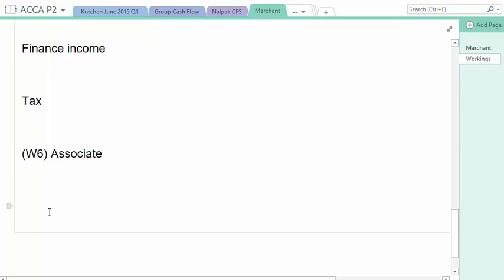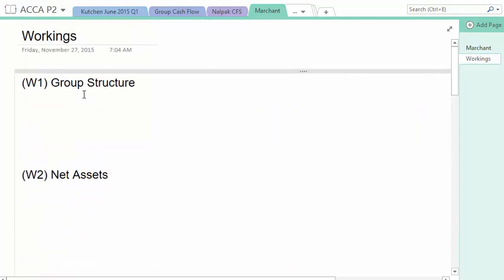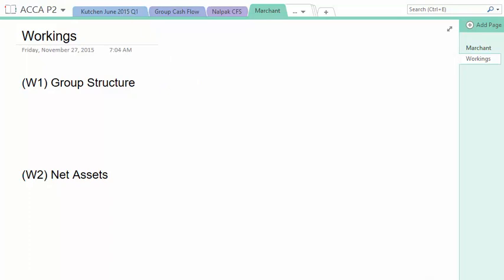So let's now start to work our way through the question in a bit more detail. And the first thing that we need to determine is the nature of the group structure. So we have Marchant, which is our parent company.